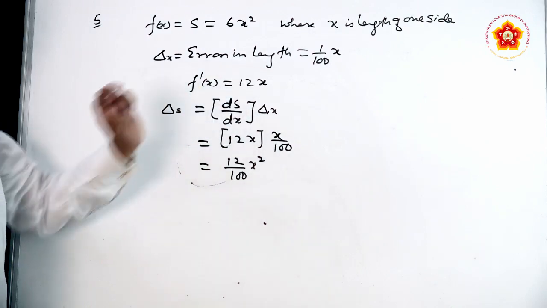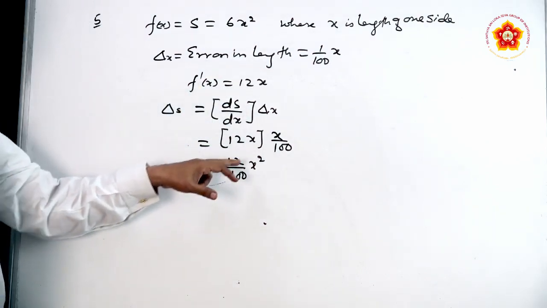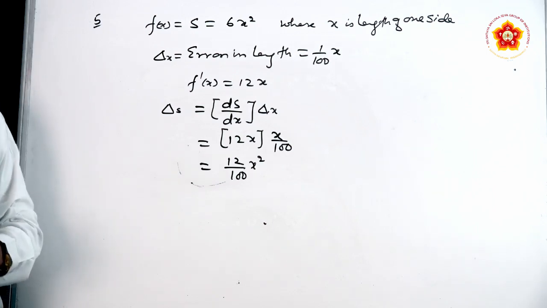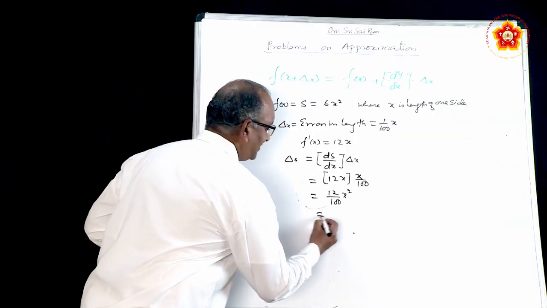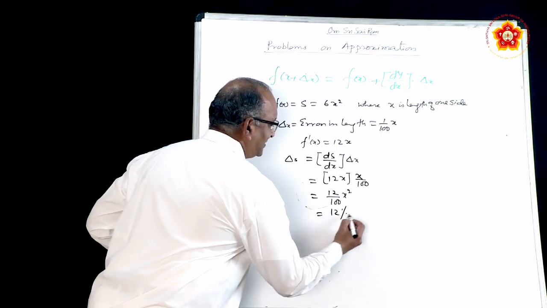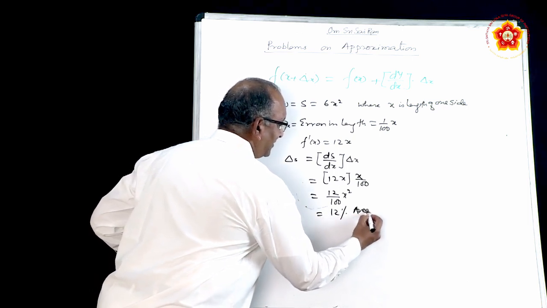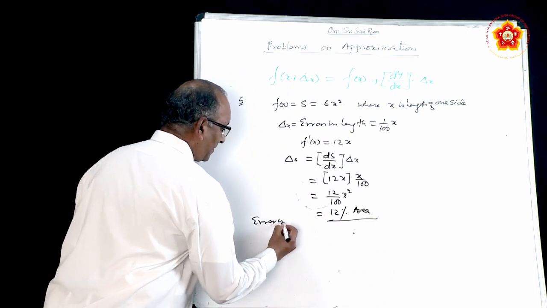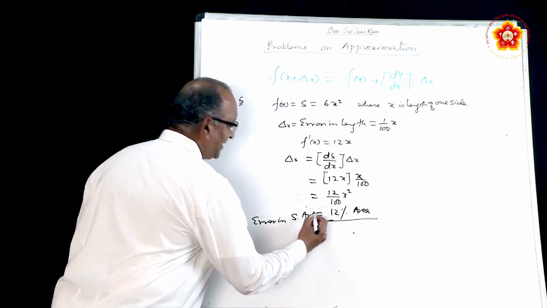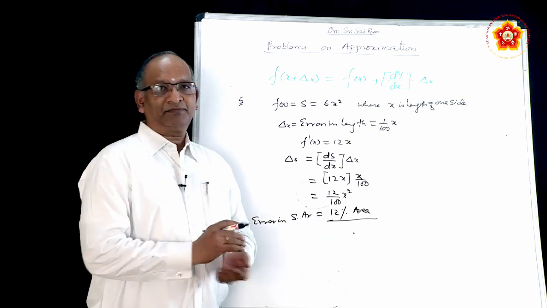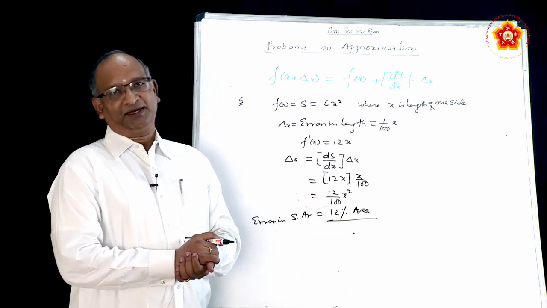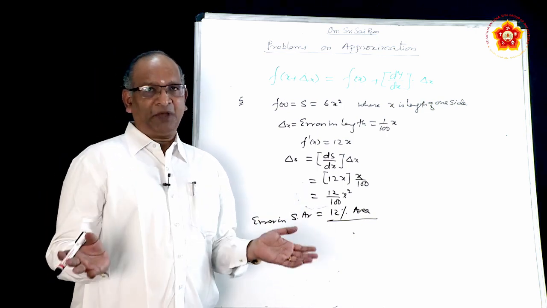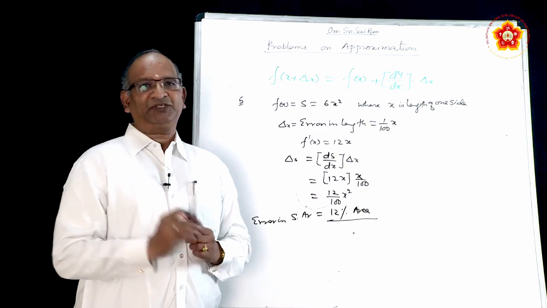S is equal to this formula. We got the value 12 by 100 x squared. X squared, we know that it is area. So, in other terms, we can say it is going to be 12% error in surface area than the original. It can be positive, it can be negative, it depends upon whether you made the mistake.